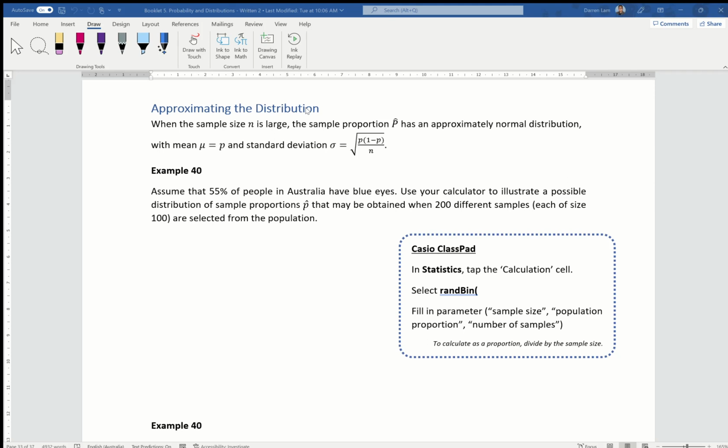If we wanted to represent this as a graph, the first thing we have to do is set this. The button is right underneath the diamond, and it's basically saying how we want the information to be interpreted. I'm going to get it to be interpreted as a histogram, similar to our binomial distributions.